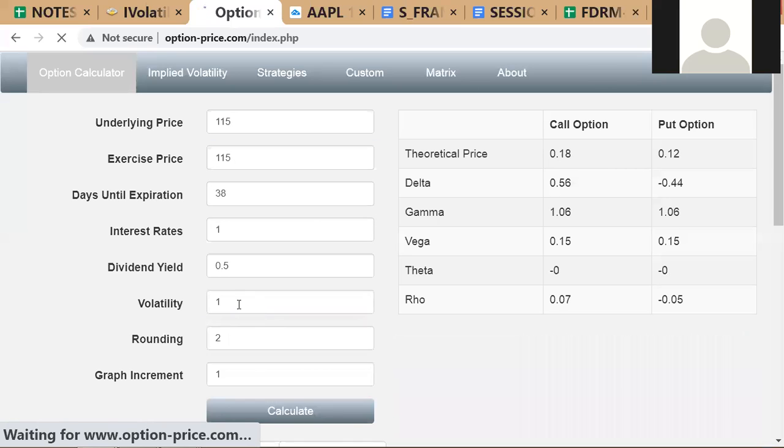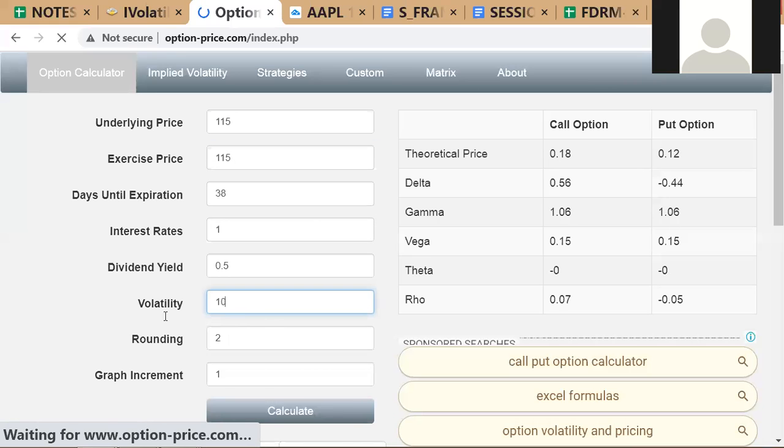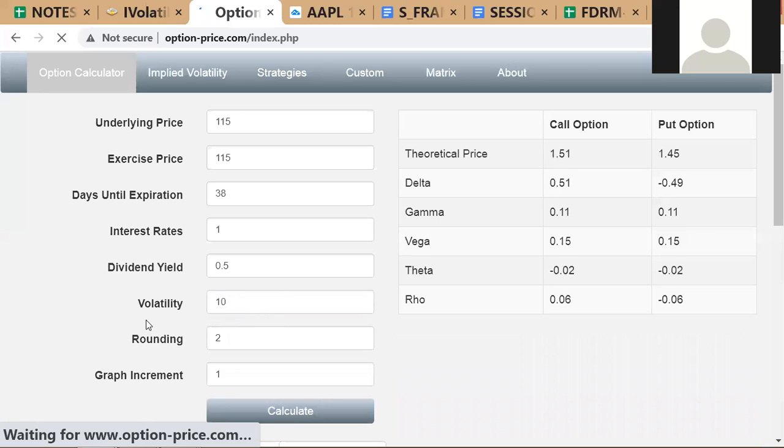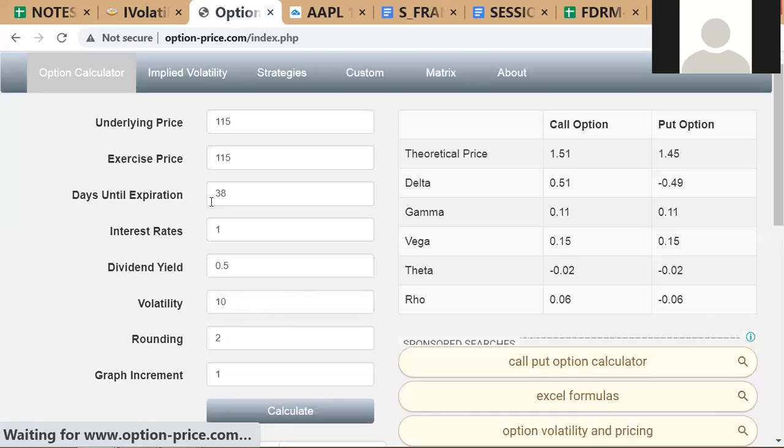When you bought this option, I-Vol was at 10. You bought the call option. We are assuming the price is equal to this. The price was 1.51 when you bought it, and these were the parameters.